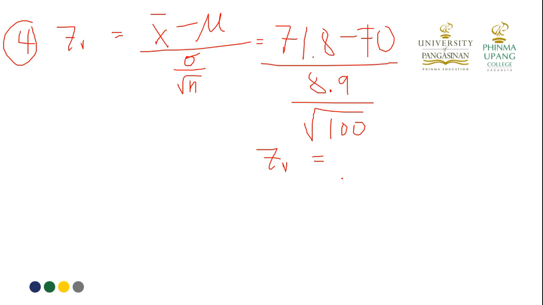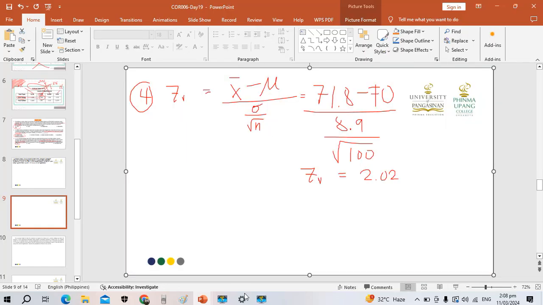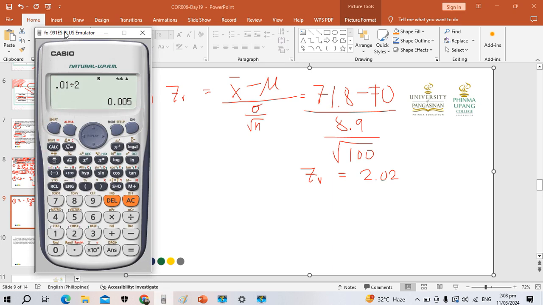Dito naman sa ating z value, the answer here is 2.02. Nakita ko sa chat box, 2.02, which is correct. So, sir, paano naging 2.02 yung answer? O di, solve natin.